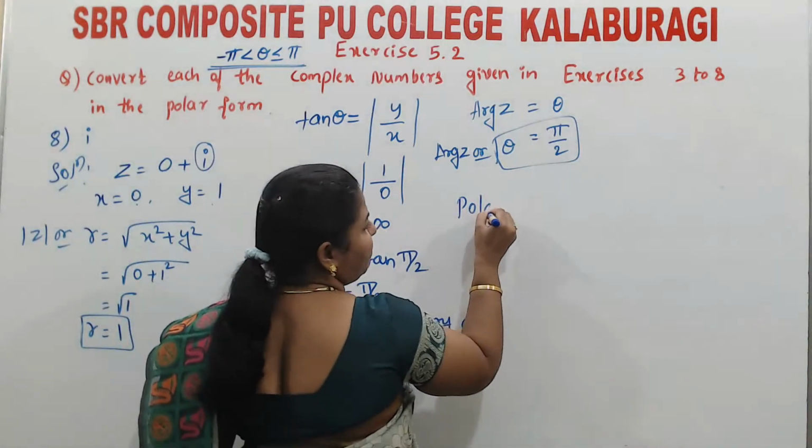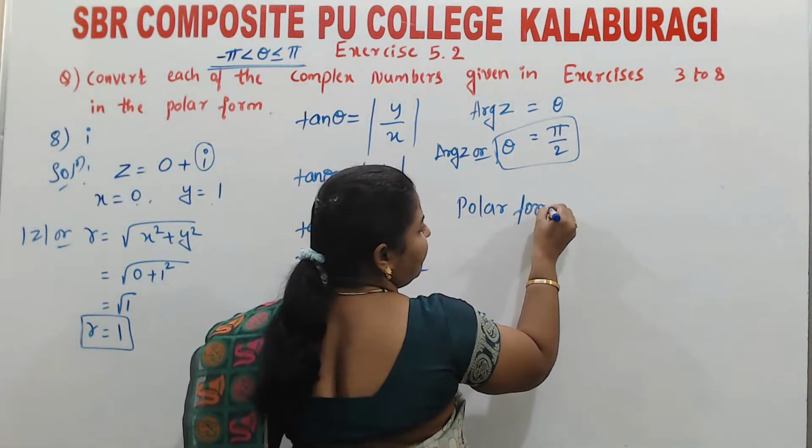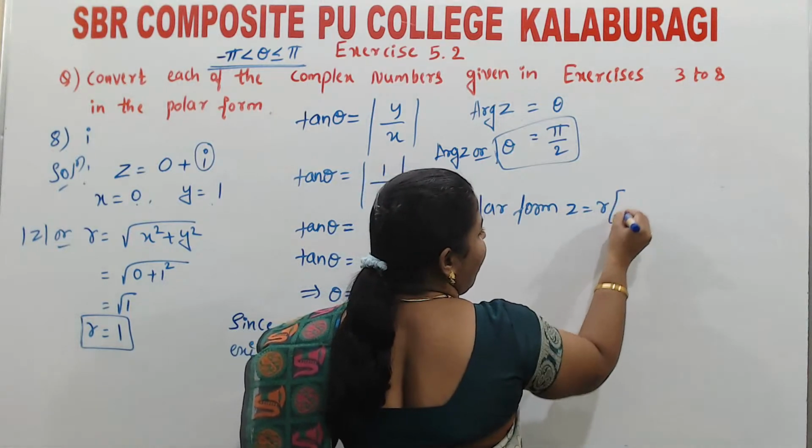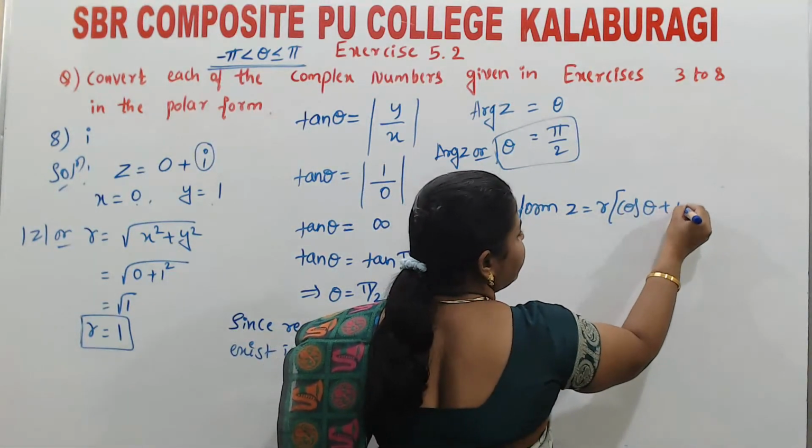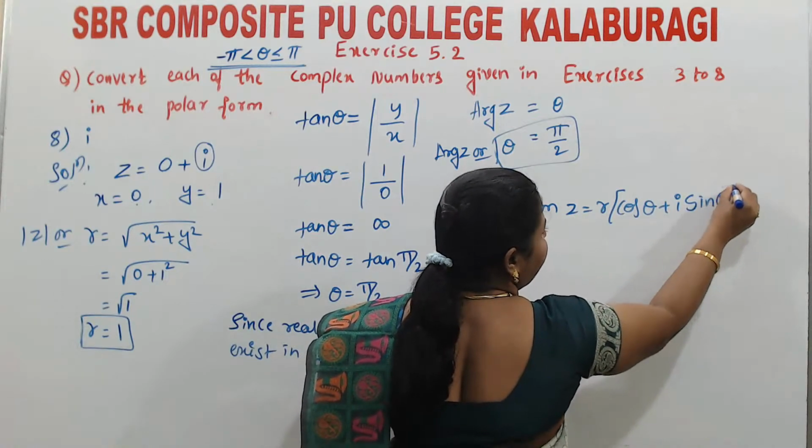Polar form of z is equal to r cos theta plus i sin theta.